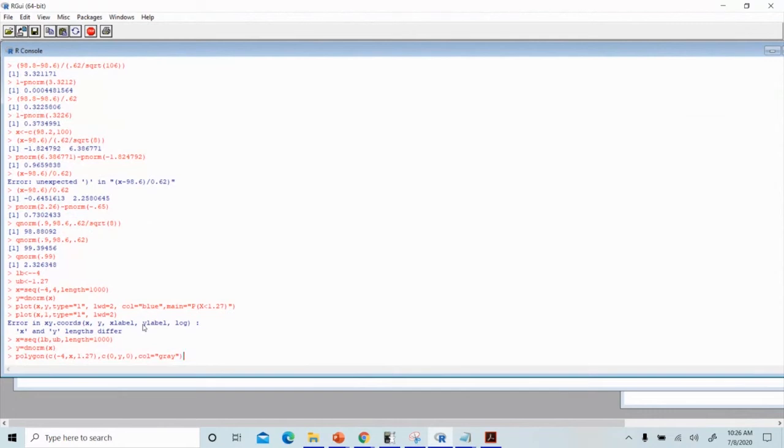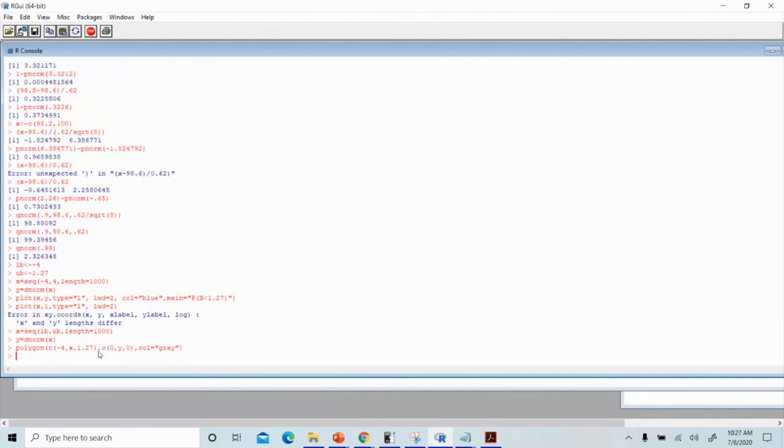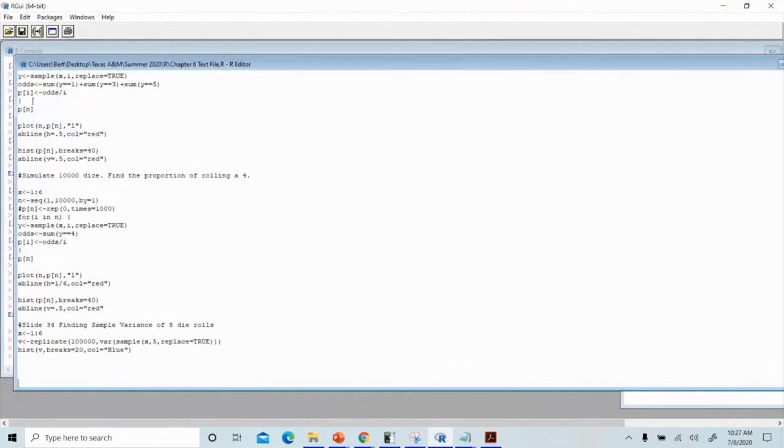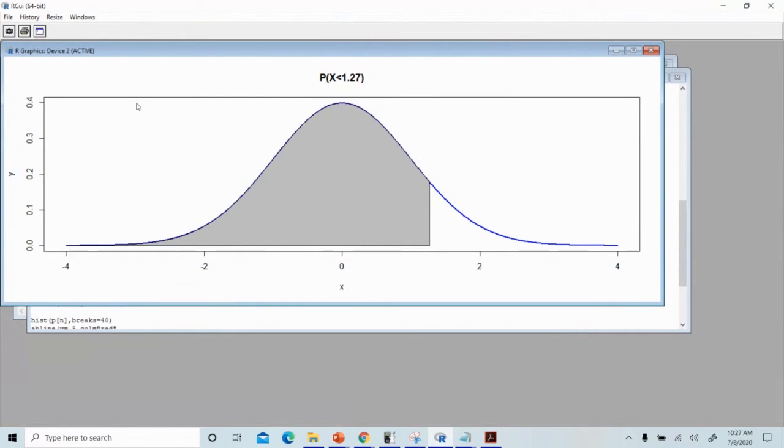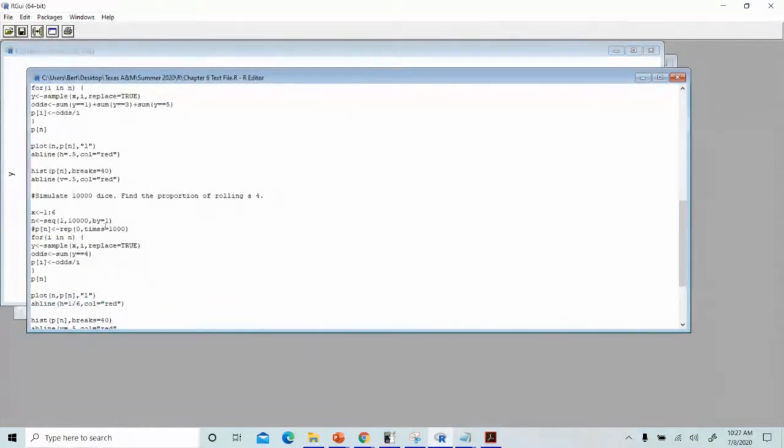X and Y coordinates. Windows Cascade. Okay, here it goes. Yeah, so this is kind of a normal curve up there. I just want to see if there's anything I want to talk about there, but no. Let's do the next one.